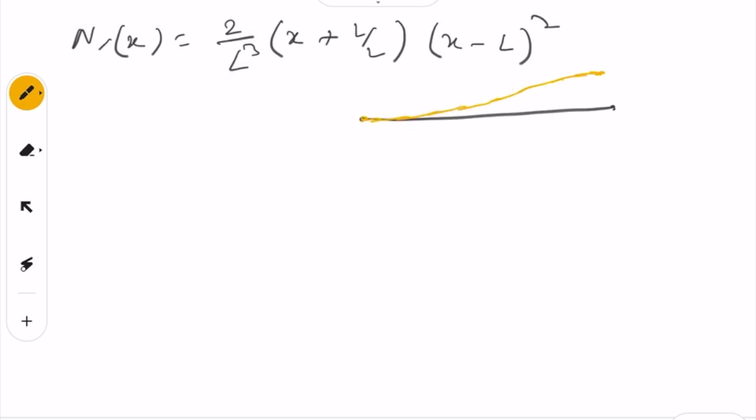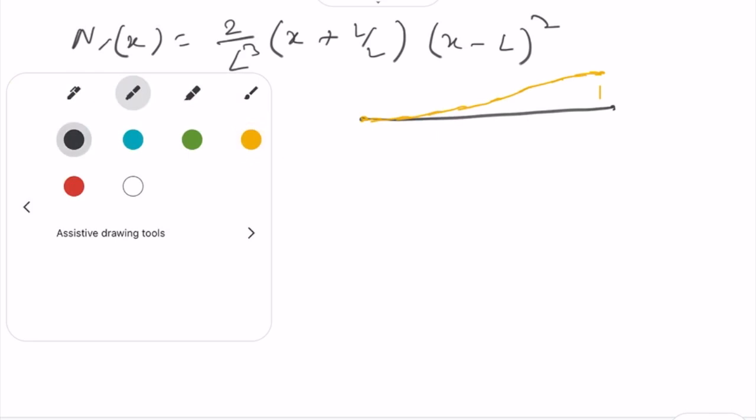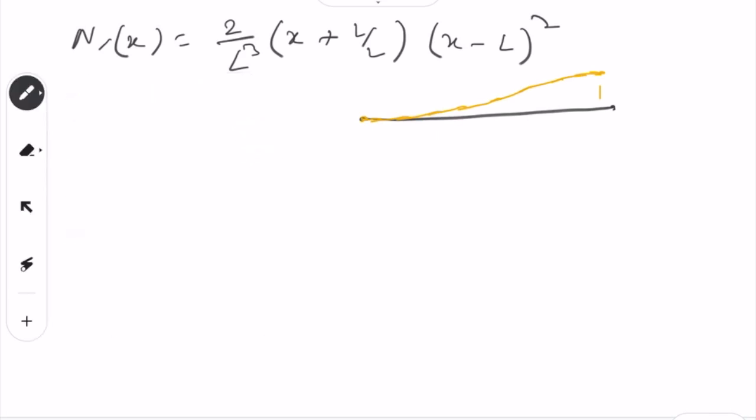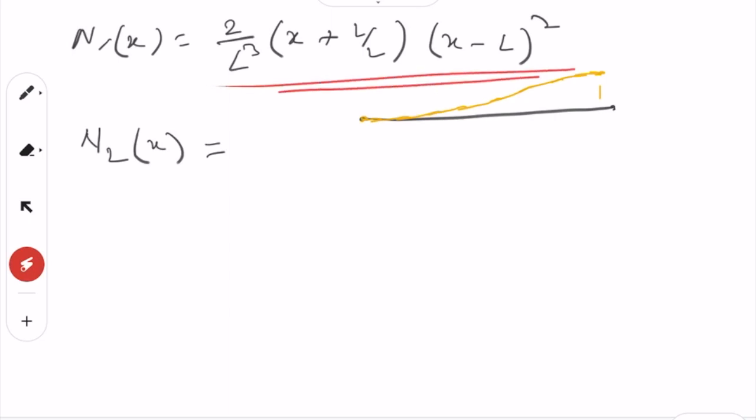We have 1 here, the slope is 0 here, the value is 1, this is 0, slope is 0. So this will be just the mirror image of that. So n2 of x should have this form only.